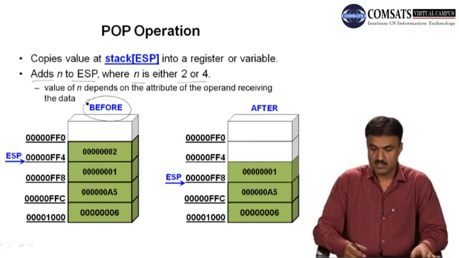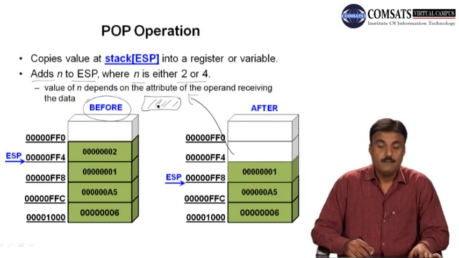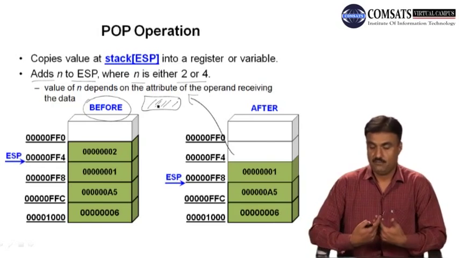First we read this value and assign it somewhere else, to a register or some memory location or some variable, and then we increment by how much data we read from this stack.